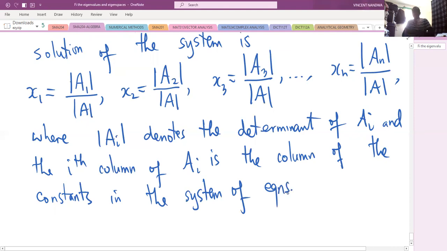So that's the generalization of the Cramer's rule.